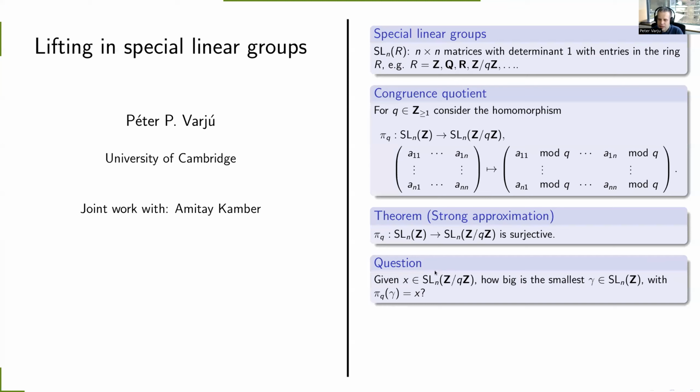I specify the entries of the matrix X modulo Q, and I want to find a matrix with integer entries, which also has determinant 1, and which projects to X modulo Q. And the theorem says that there is a solution to this problem. You can always find such an integer matrix. But the question is how big the entries need to be to solve this problem. And so this is in terms of Q.